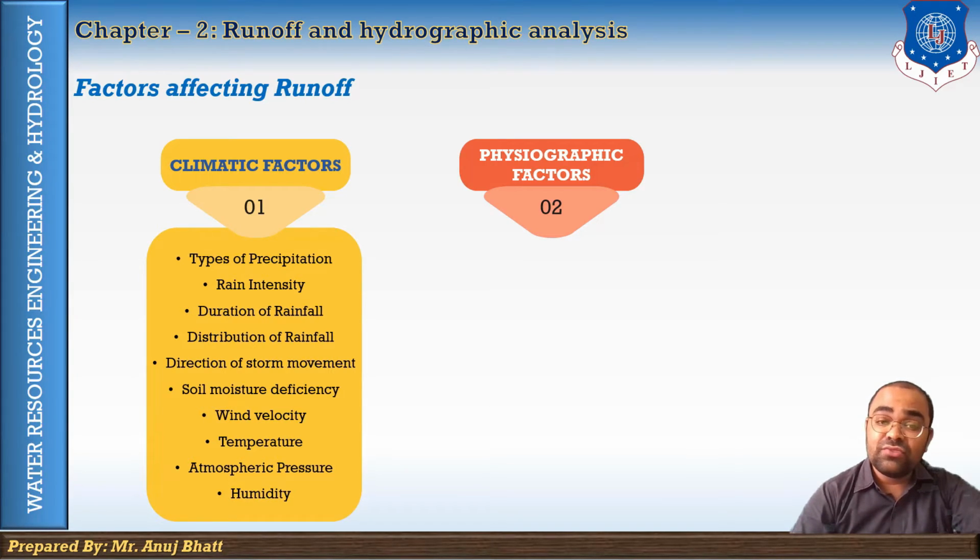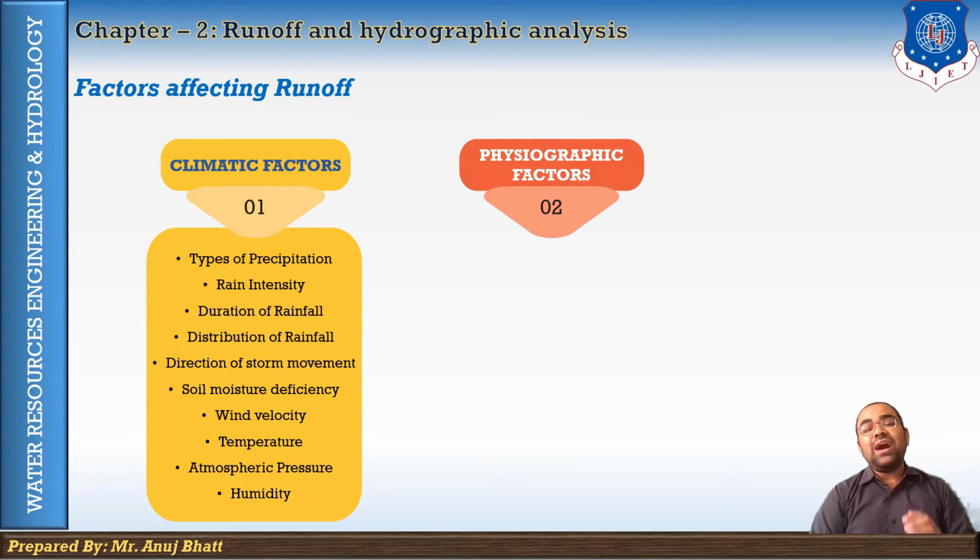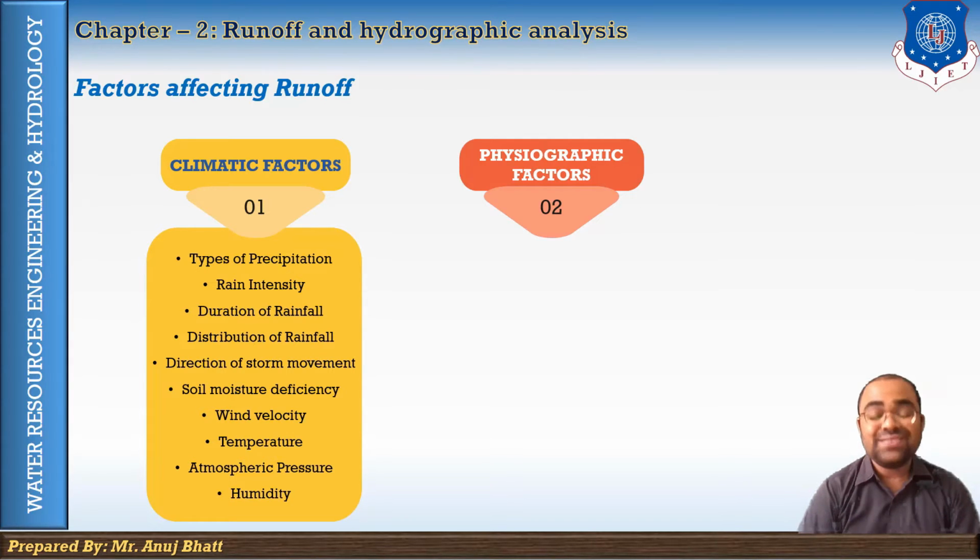Hence it reduces the runoff. If the temperature is low, the ground is saturated and frozen. It gives rise to the greater runoff. On the other hand, the greater humidity decreases the evaporation and the transpiration losses. And such a thing will enhance the runoff.